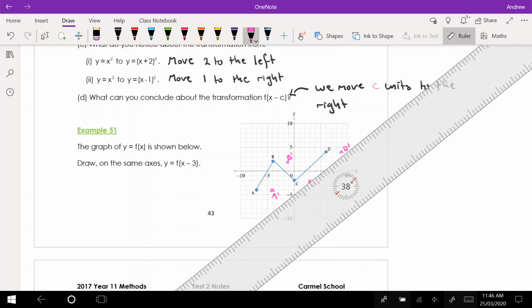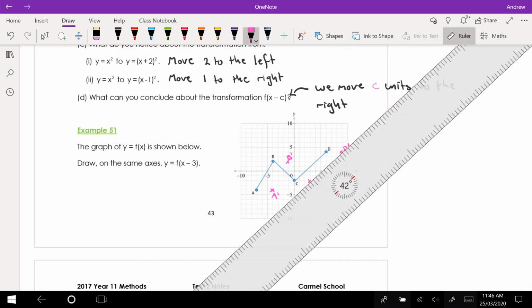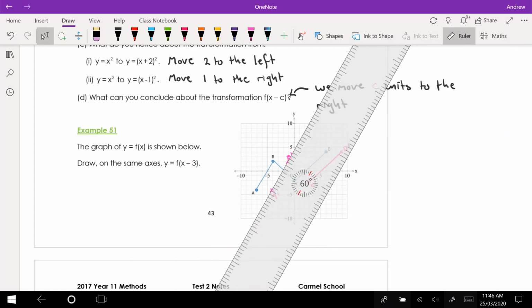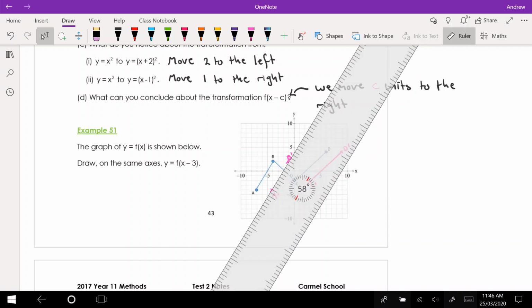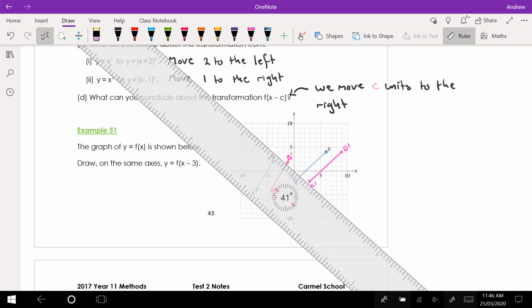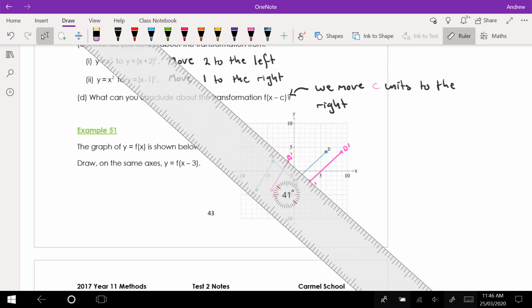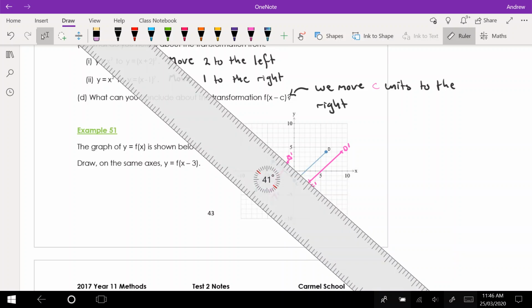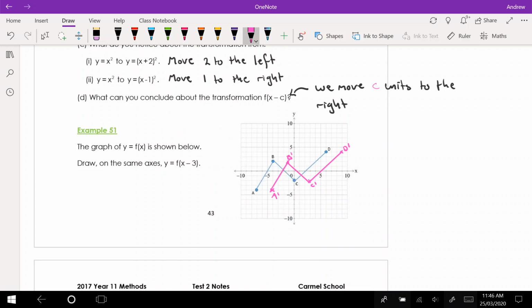And then don't forget to connect them. There we go. And then connect. And so it's the exact same graph, but it's just a little bit to the right.